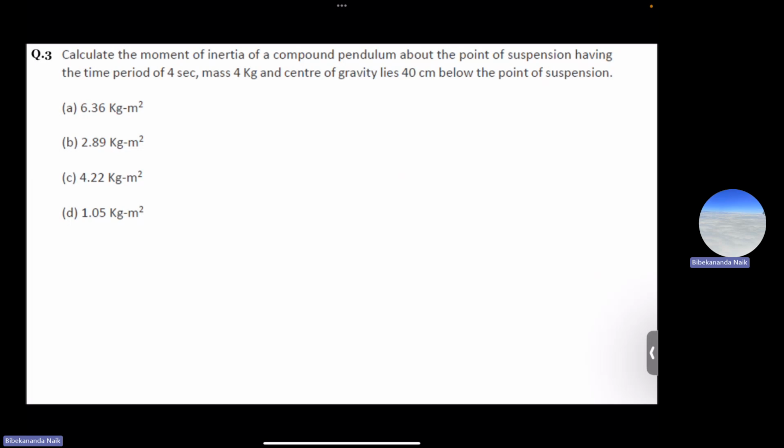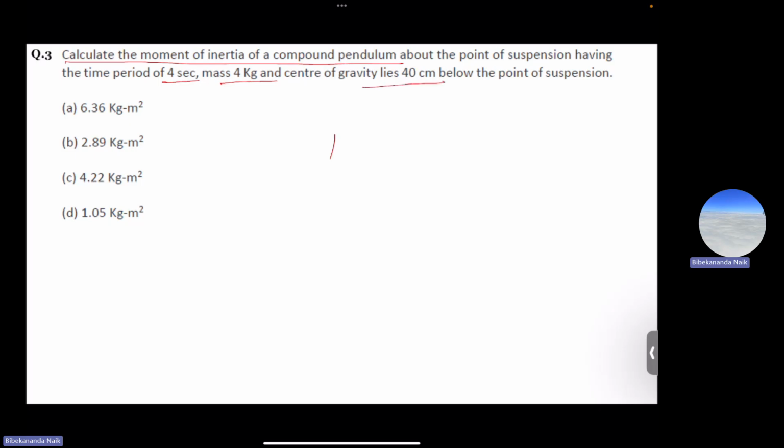So this question is pretty much similar to the previous question. However, the unknown quantity that we need to determine is different. In the previous question, the moment of inertia and all the other information were given to us, and we needed to calculate the time period of oscillation. But here it is the reverse case. We need to find the moment of inertia of a compound pendulum, and the time period, mass, and center of gravity distance from the point of suspension are given.